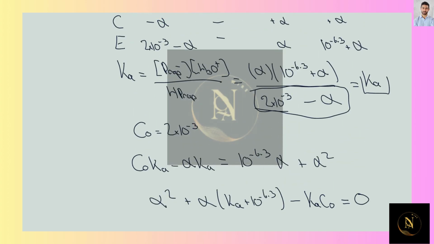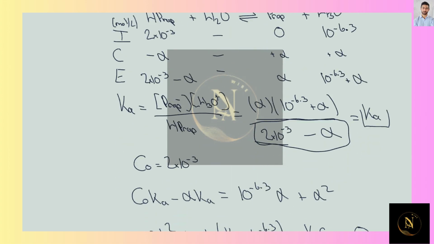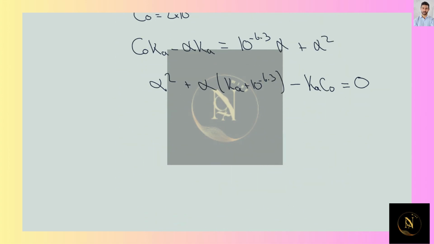Here we can replace the values. Remember that Ka was 10 to the minus 4.87. So this becomes alpha squared plus alpha times 10 to the minus 4.87 plus 10 to the minus 6.3, minus Ka times C0.